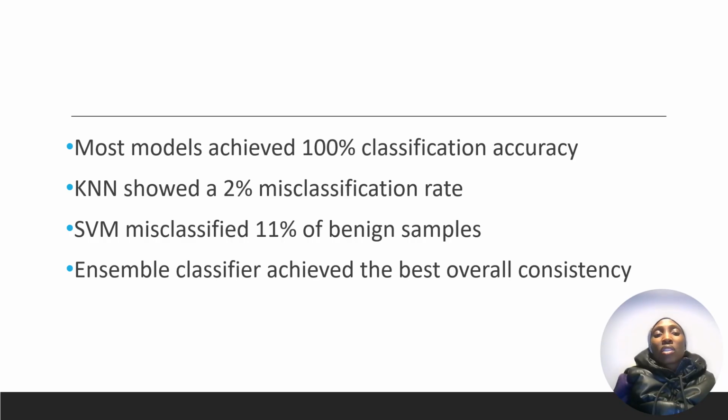KNN shows a 2% misclassification rate. SVM misclassified 11% of benign samples, and the ensemble classifier achieved the best overall consistency. So the proposed ensemble model was consistent throughout the experiment.